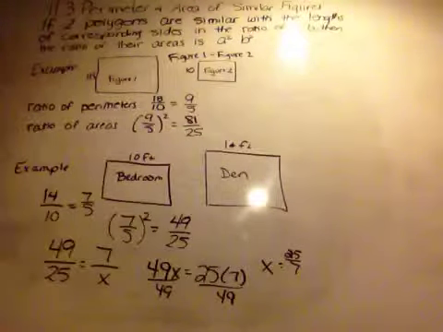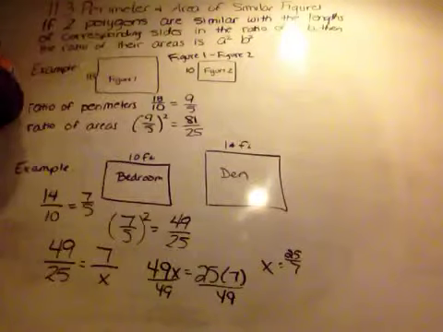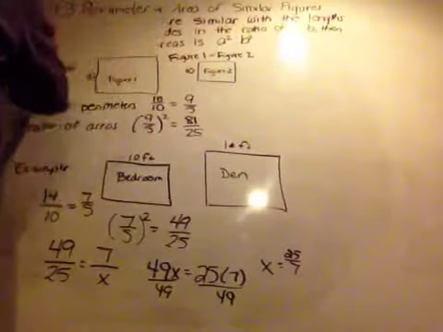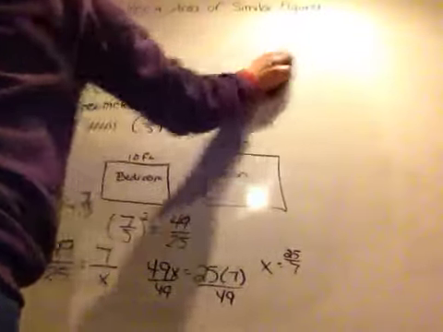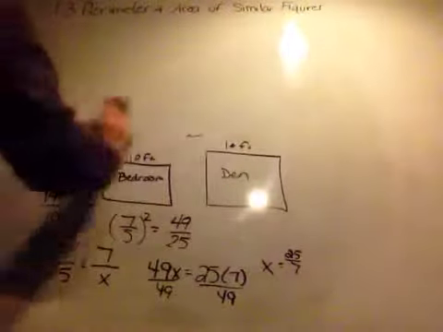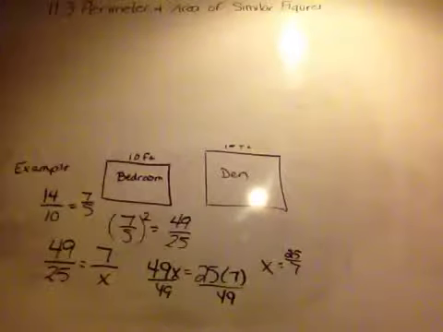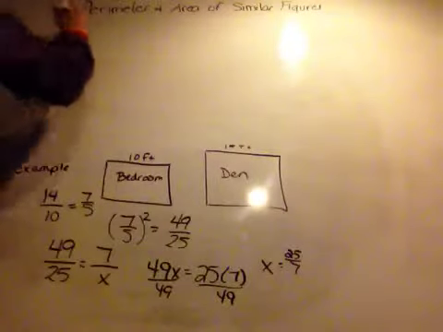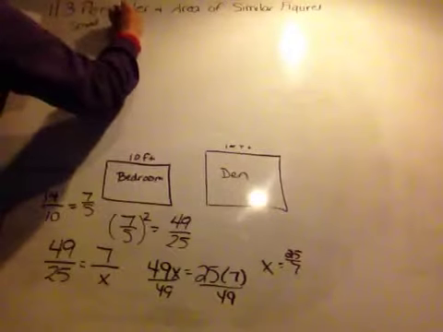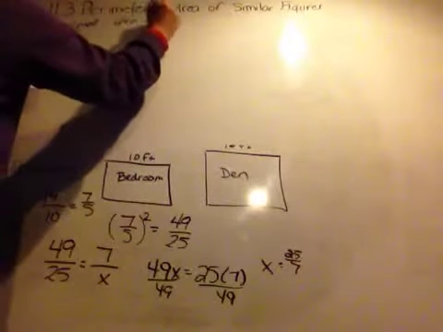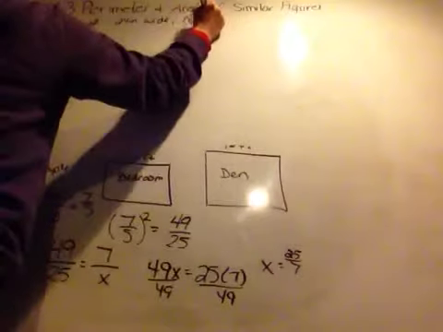In the next example, we're going to use our ratio of areas to help us find a side length. So we have a small flat screen TV that is 24 inches wide and 18 inches long.